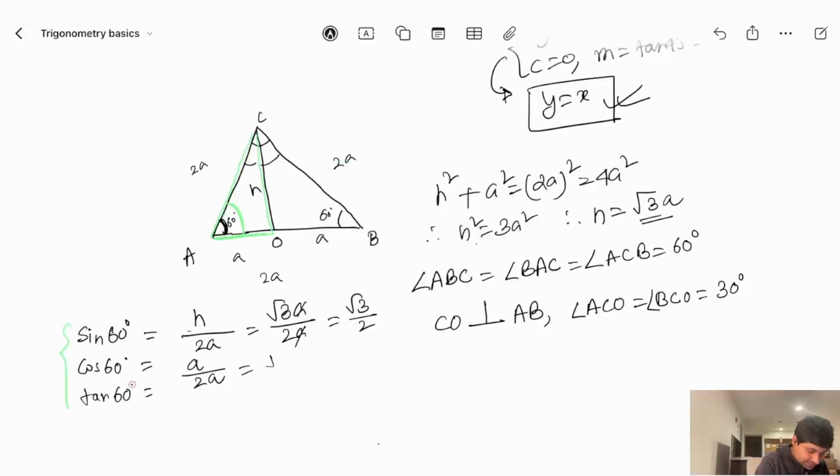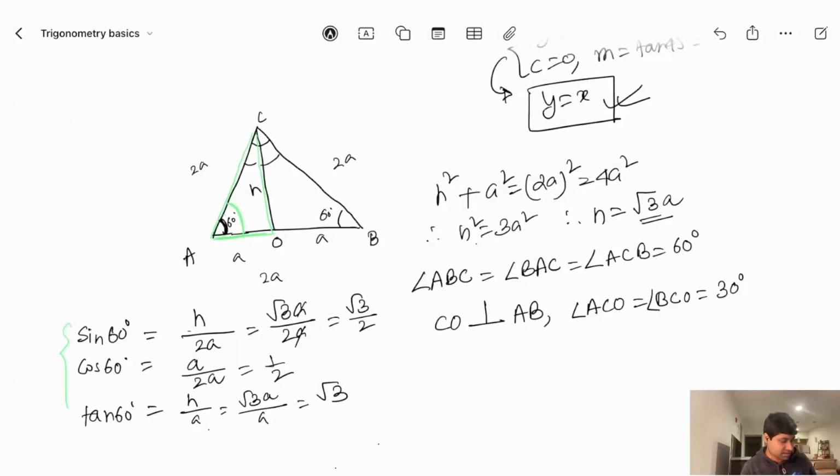So if I just simply cancel out, it's 1 by 2. What is tan 60? Tan 60 is nothing but height divided by base. So height is h divided by base is your a. So square root of 3 a divided by a is nothing but square root of 3. Correct. So these are the values we can get from this picture.